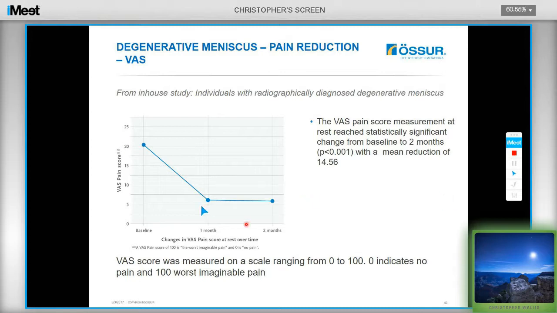And it was this 14-point reduction on a 0 to 100 scale for visual analog scale. So this confirmed, yes, statistically significant reductions in pain, but I think from a patient's perspective, it's really a clinically significant reduction. You can imagine if you were the patient with pain, to have a reduction in pain would be hugely beneficial.